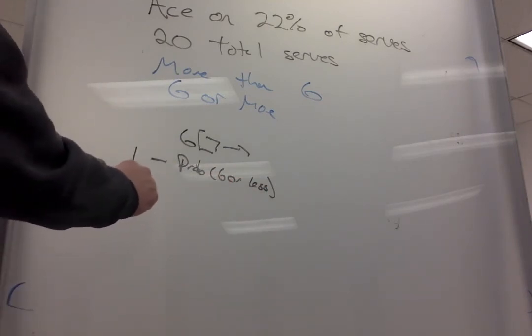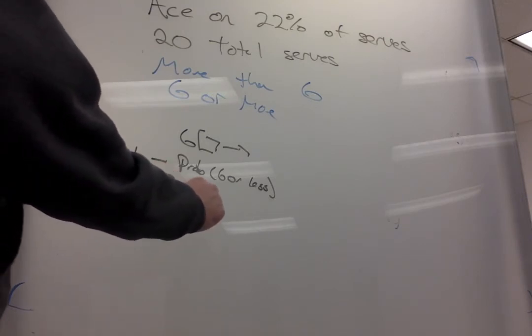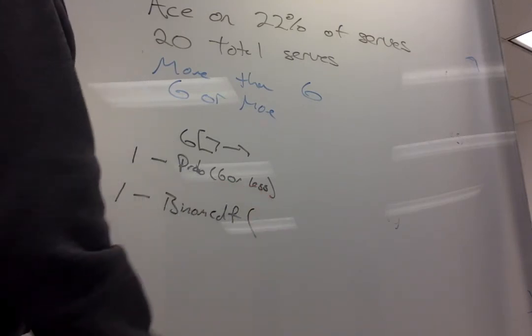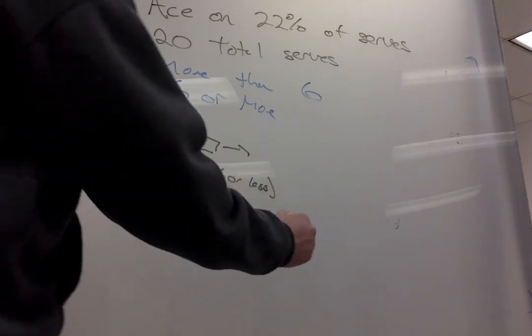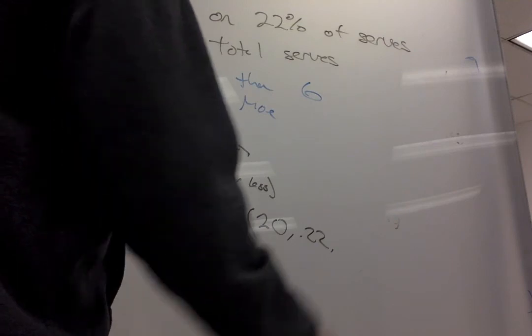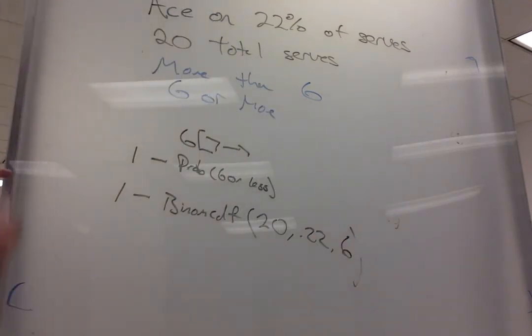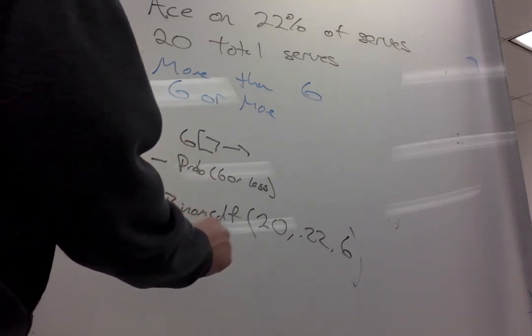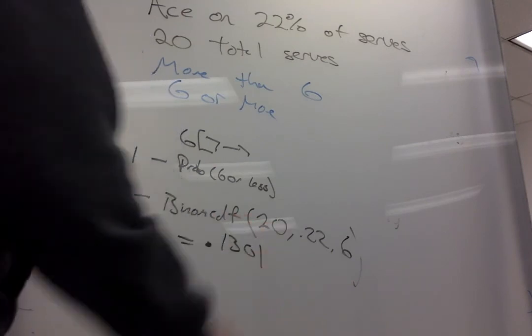So we could do 1 minus the binomial Cdf of 20 trials with a 22% chance of success, 6 of them. What we're going to get is a solution that tells us the probability of being 7 or more, the opposite of being 6 or less. Some people like to get the number on its own, then do 1 minus the answer, or just do it all in one keystroke. Whatever floats your boat, as long as you get to 0.1301 at the end of the day.